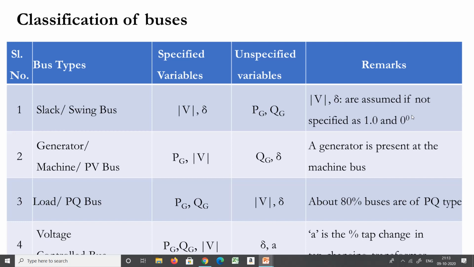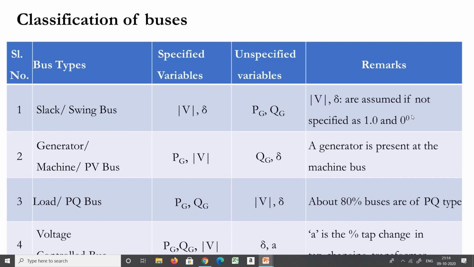In the classification of buses, a generator will feed energy to the bus and a load will draw energy from the buses. Here it becomes a node, and voltage can be specified for each bus.